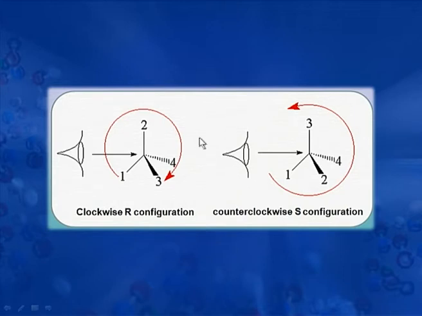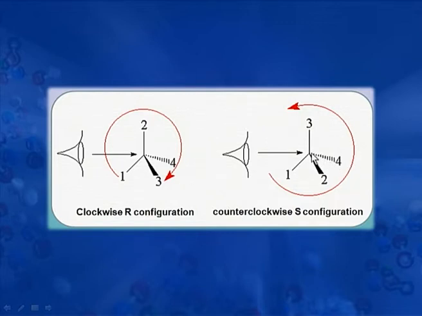Say this is a molecule where this is the group getting the 4th priority, this is the group with the 3rd priority, and the 1st and 2nd priority. We have to view into the molecule so that the group of the 4th priority is going away from us. And now what is the sequence for 1, 2, 3? It is clockwise. So this is assigned R configuration. Look at this side. When we are viewing from the side, that group of the 4th priority is going away from us.